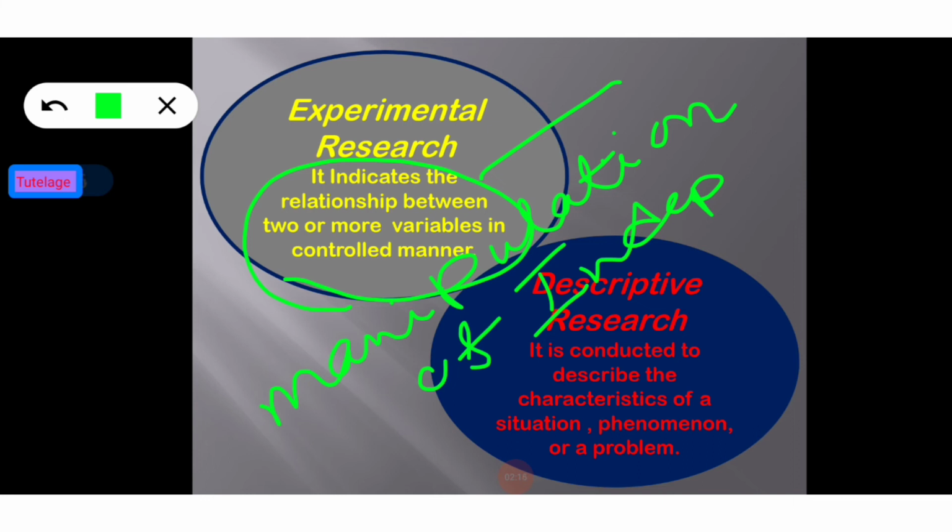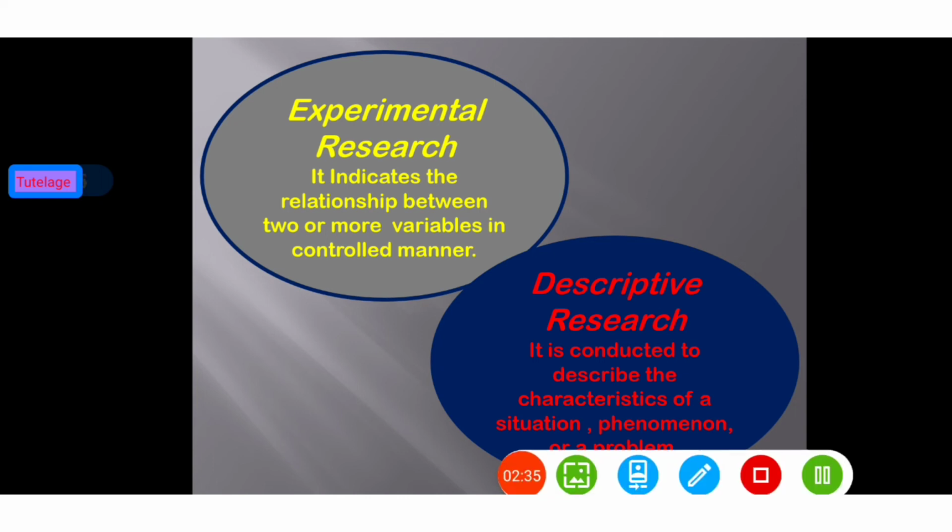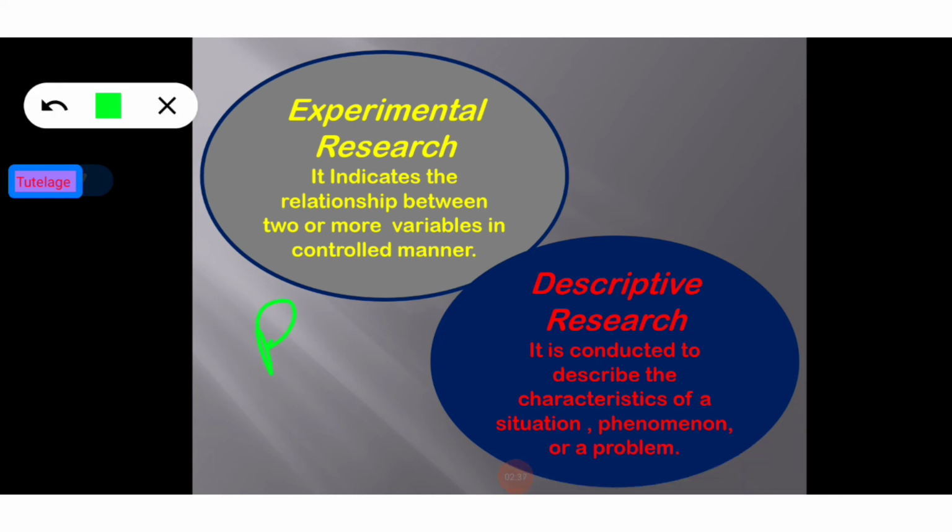The experiments in sciences can be performed in laboratories, but the social science researches revolve around the human behavior, which is very difficult to study in controlled settings. Experimental research can be categorized into three types. First one is pre-experimental research, second one is quasi-experimental research, and third one is true experimental research.